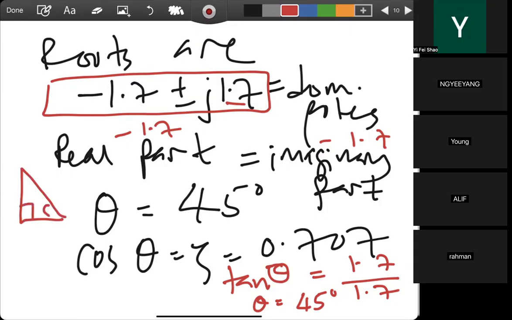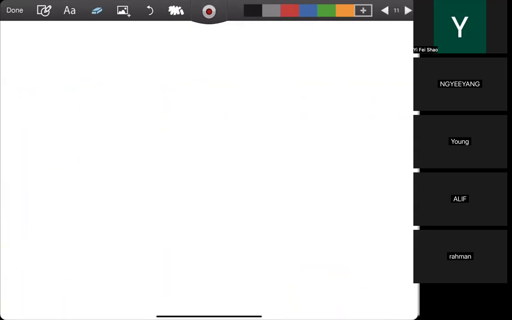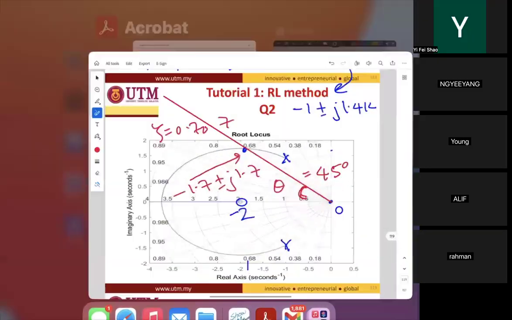Oh, this one needs thinking. This is high level thinking skills, a high level thinking question. Okay, 1.7 guys. Theta is here. Dominant pole is here. And the rest is the same.